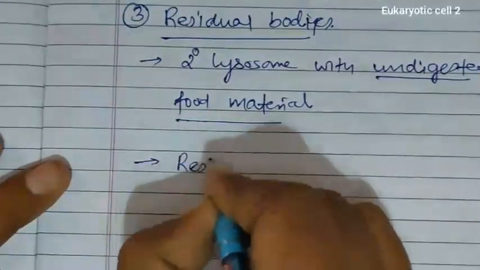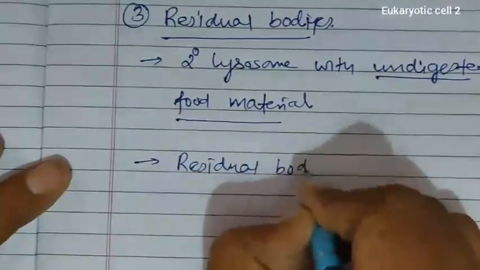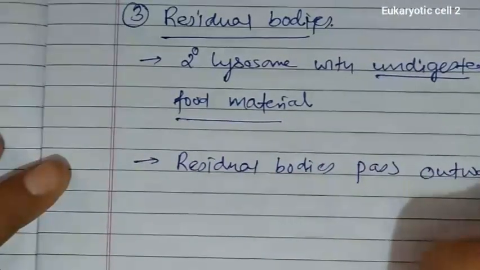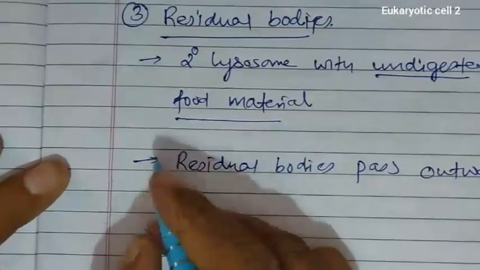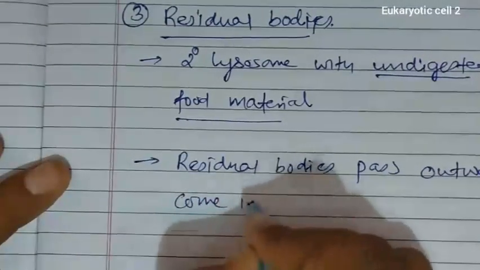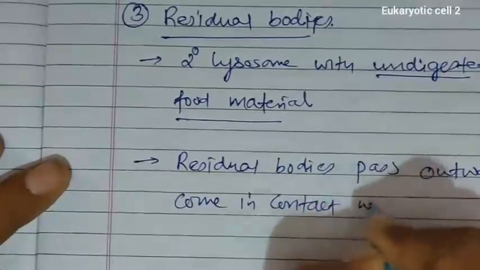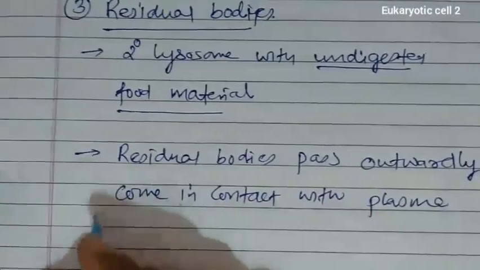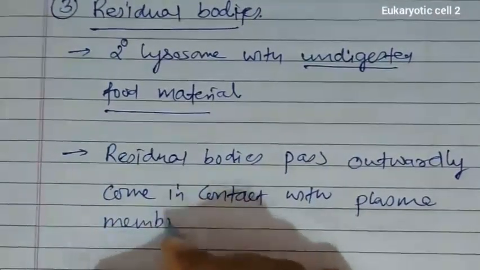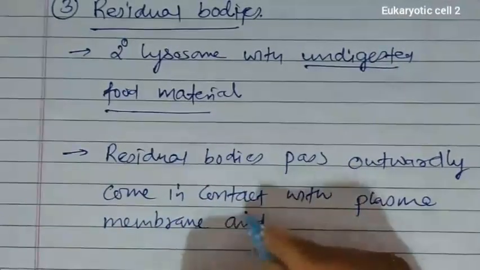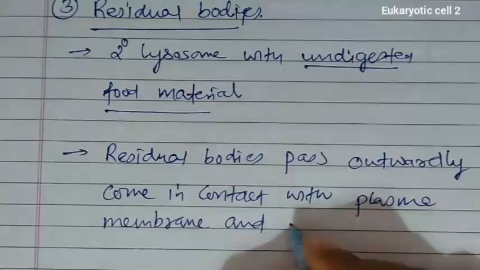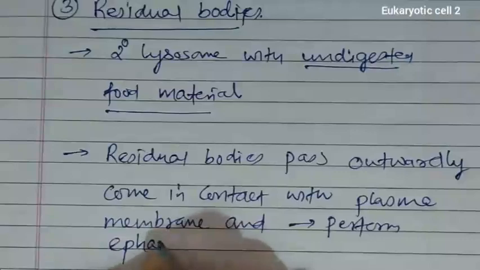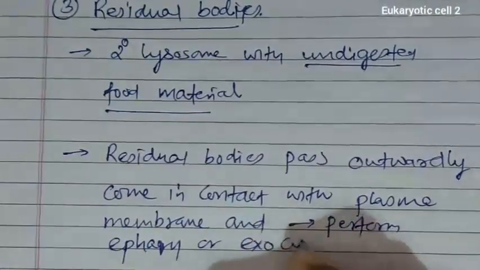This residual body passes outwardly, comes in contact with the plasma membrane and performs ephagy or exocytosis.